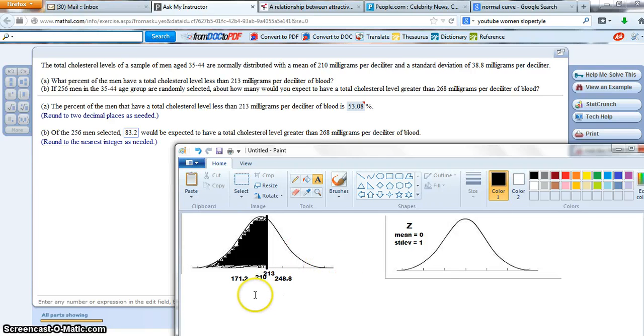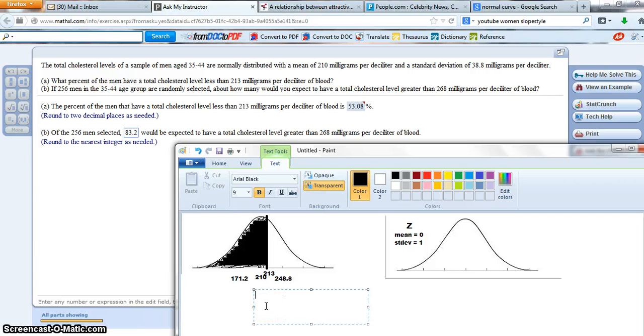So I take the z-score for 213. Remember that my z-score is equal to my x value minus my mean divided by my standard deviation.